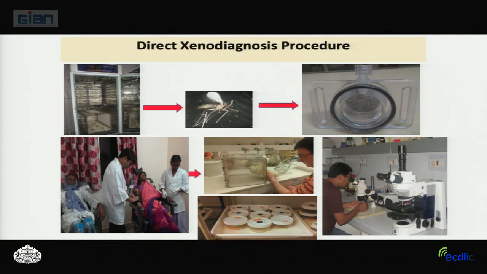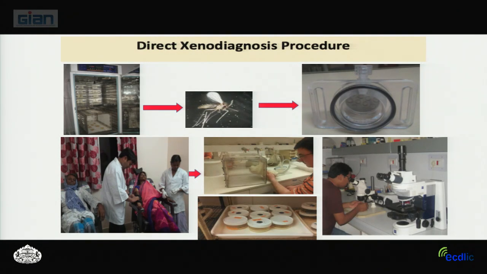So they would collect the flies, put them in these containers, which are then strapped on the arm, and then the flies are housed in an incubator for 2 or 3 days, and then dissected and microscopically observed for the presence of parasites, or PCR'd for presence of parasites.